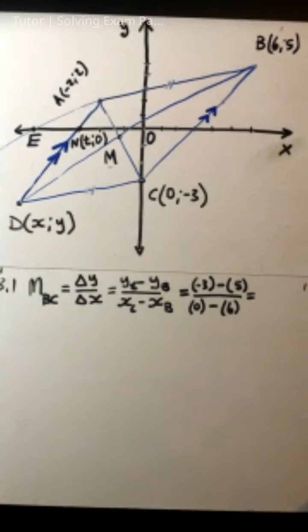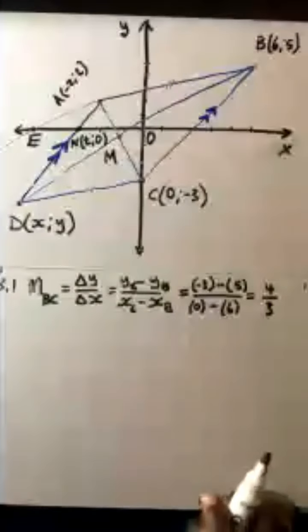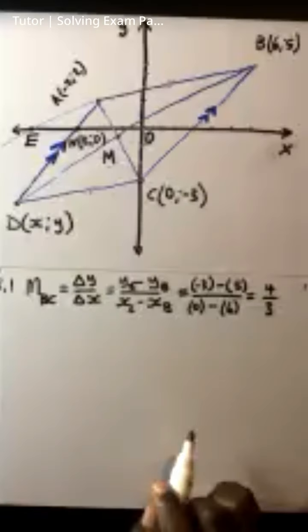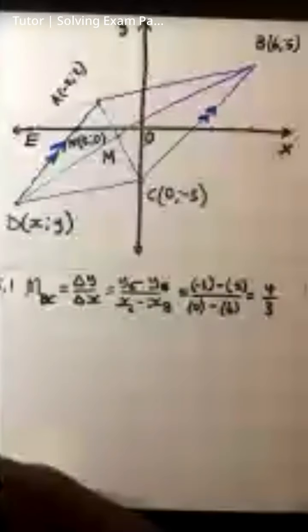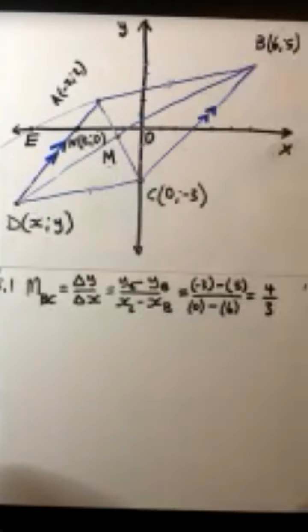Nice, so I also got the same answer. So ladies and gentlemen, remember, no matter if you use the coordinates as x1, y1 or x2, y2, we typically get that same answer. So now we've got the gradient of BC.